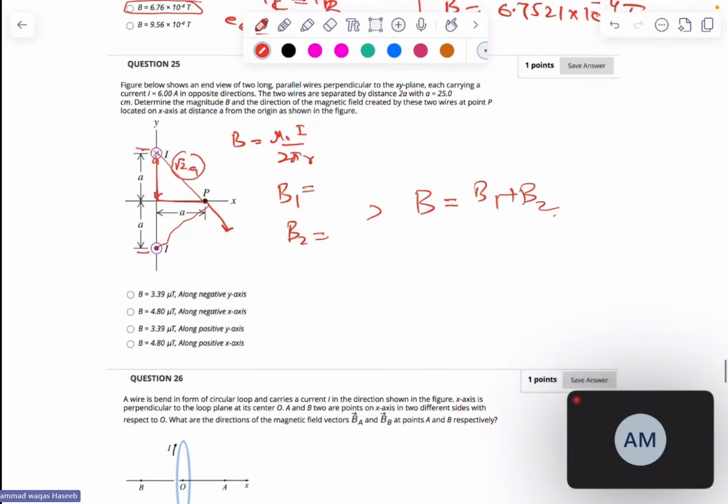For that you will get your magnetic field, which is 480 microtesla along the negative axis. In this direction is the magnetic field.